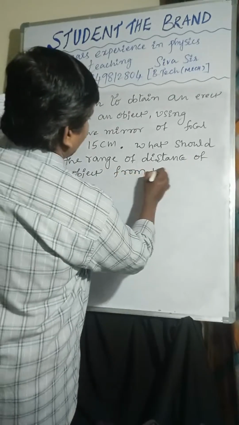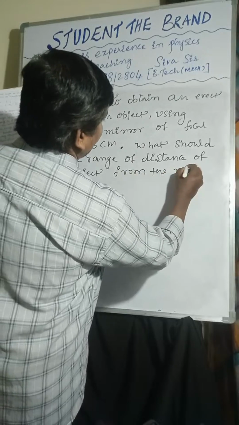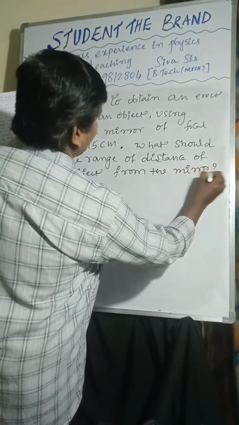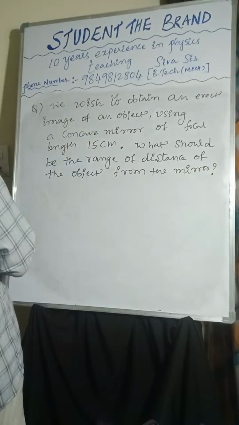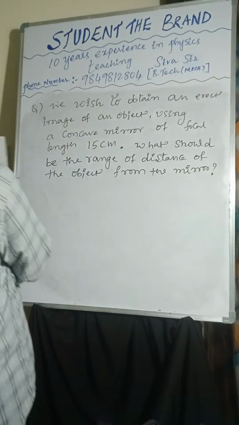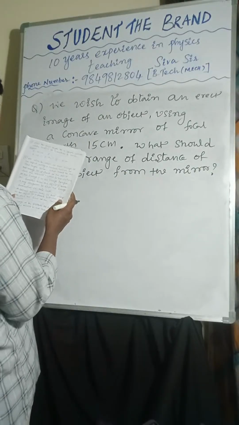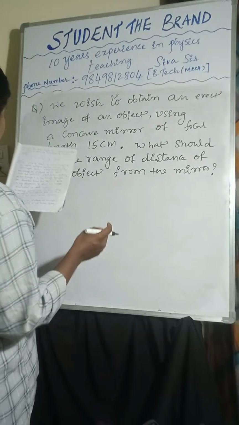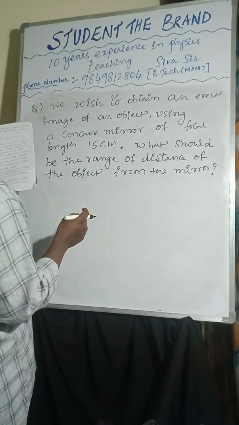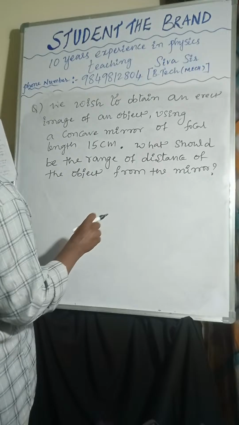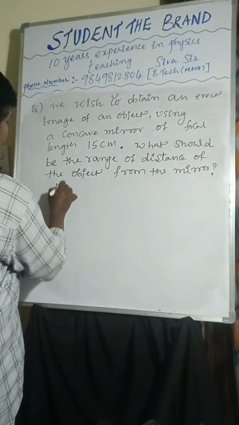That is the question. If the image is larger or smaller than the object, draw the ray diagram to show the image formation in this case. They also asked, what is the nature of the image?